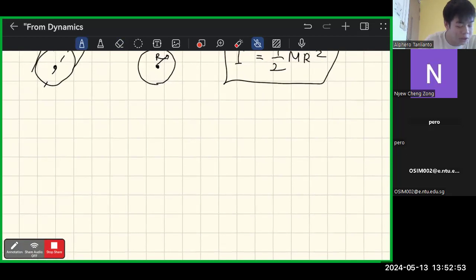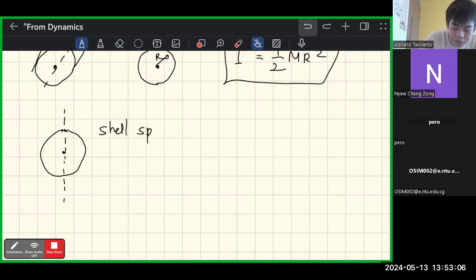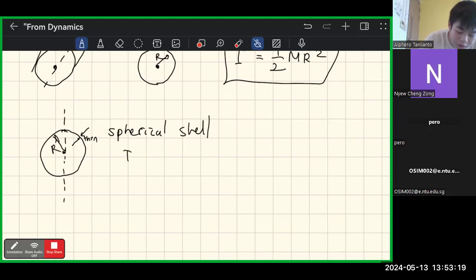What else is common here? If you have a sphere that is only a thin spherical shell with radius r, the moment of inertia is 2/3 of m r squared.